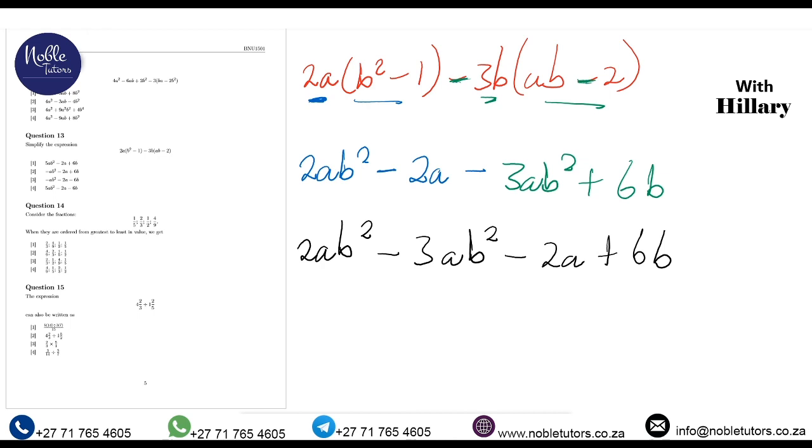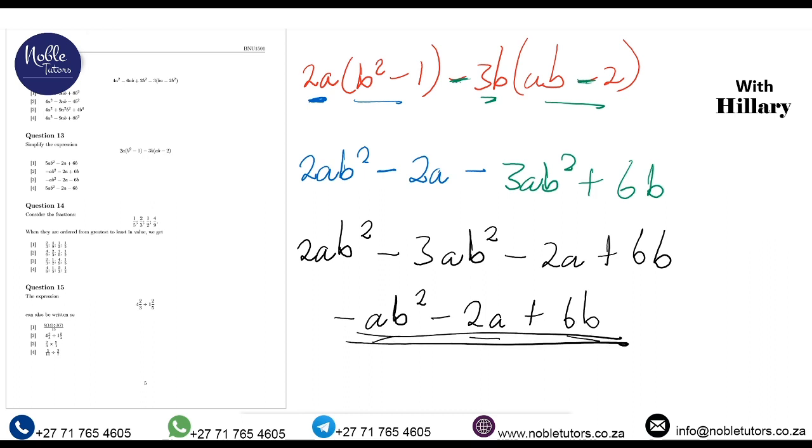Then after that, 2ab squared minus 3ab squared will give us minus ab squared, minus 2a plus 6b. Then we are done. We cannot go any further than this. Reason being, this is not similar with this, not similar with this. So this will be our final answer.